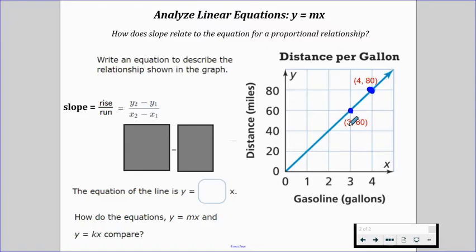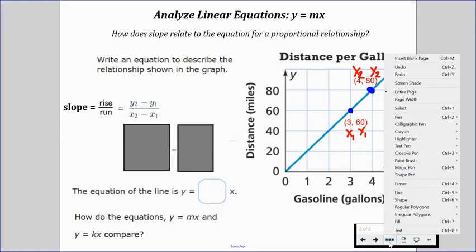Well, we know 3 is the x-coordinate on the first ordered pair, which means that 60 is the y-coordinate on the first ordered pair also. x1 is 3, y1 is 60. Now we have to label our second ordered pair, where 4 is the x-coordinate on the second ordered pair, and 80 is the y-coordinate on the second ordered pair.